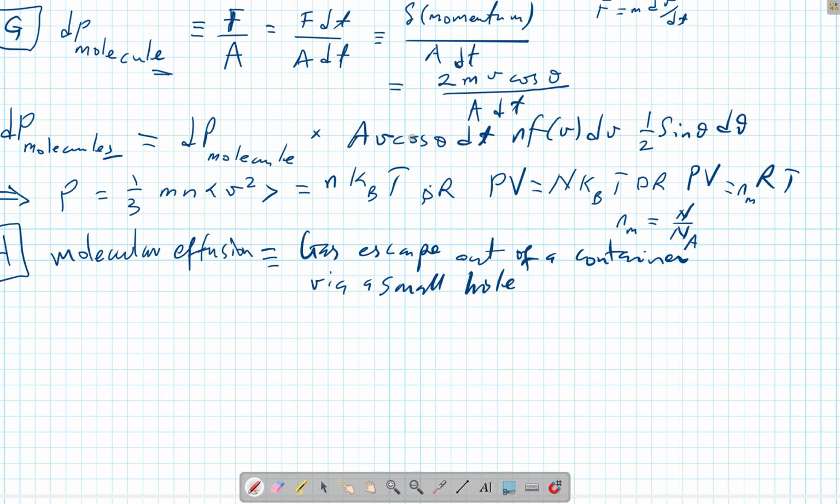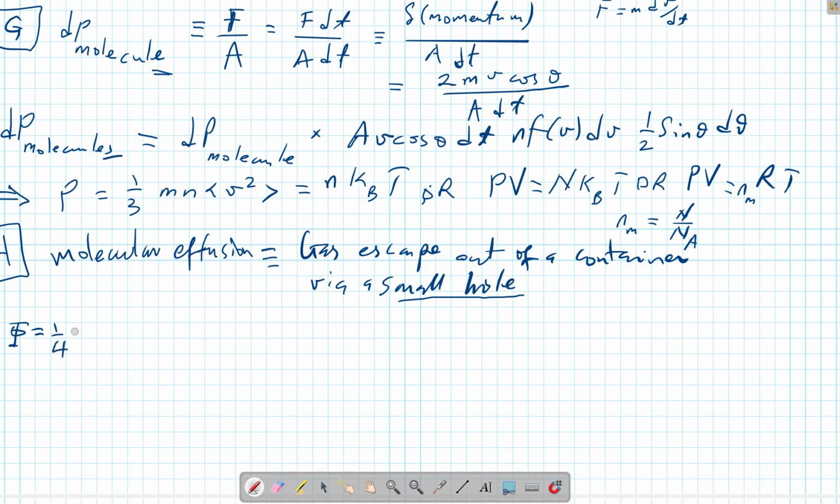Okay. And this is another form of flux, one can think of it that way, because we are considering some area which is attributed to the hole in the container. So we want the number of molecules going out or crossing out of that hole per unit time. So naturally we go straight to the formula for flux, which is 1/4.